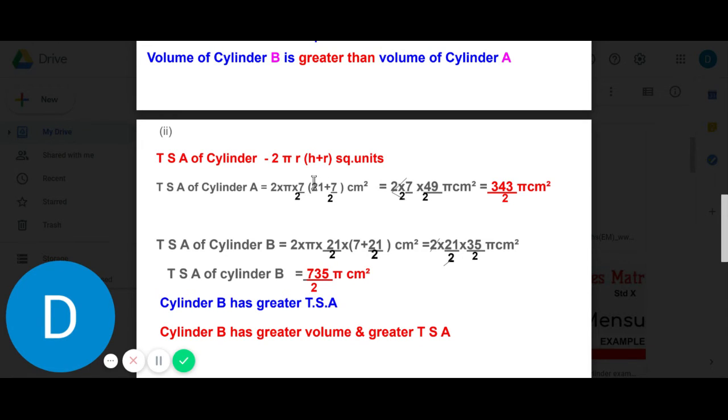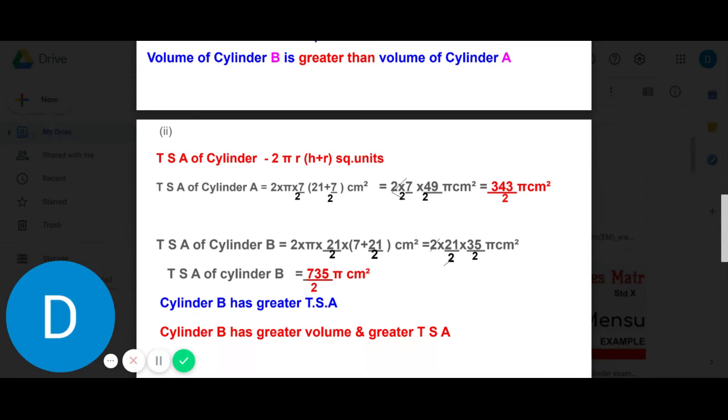We should add the terms that are given in the bracket first by finding the LCM. 2 is LCM. So when you add, this will become 49 by 2. So the other terms are 2 into 7 by 2 into 49 by 2 into pi centimeter square. You can cancel 2 with 2. So the remaining numbers should be multiplied, 343 by 2 into pi centimeter square, or 343 pi by 2 centimeter square.